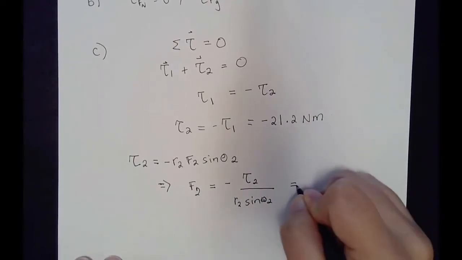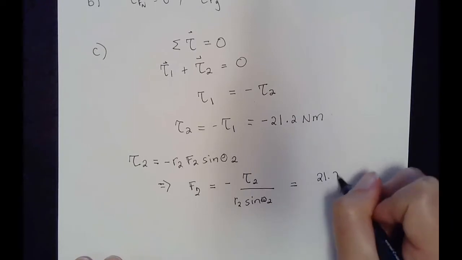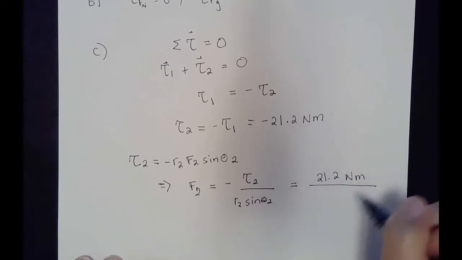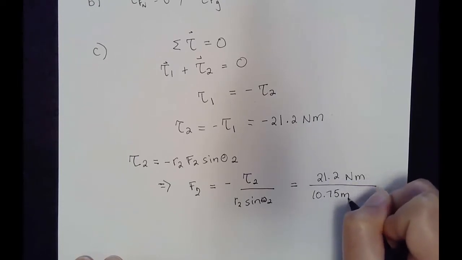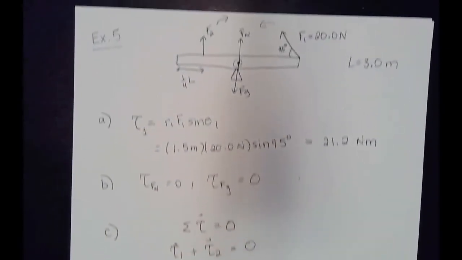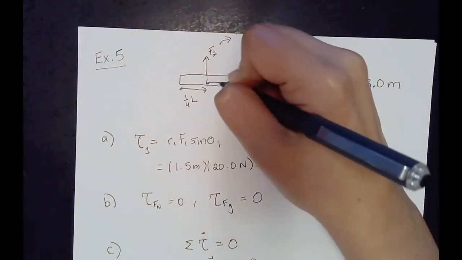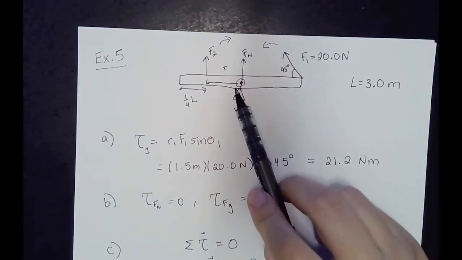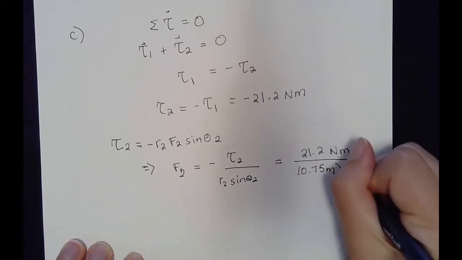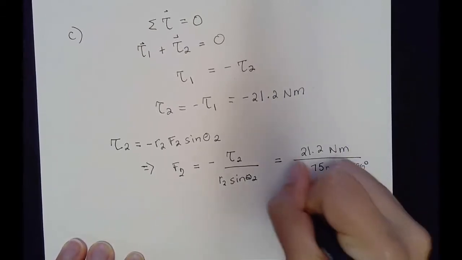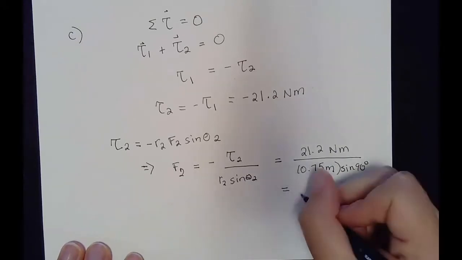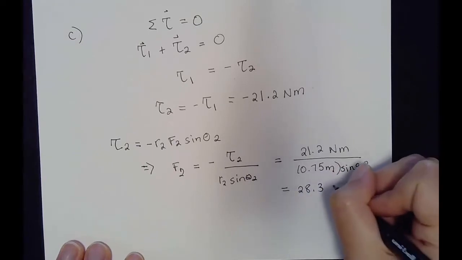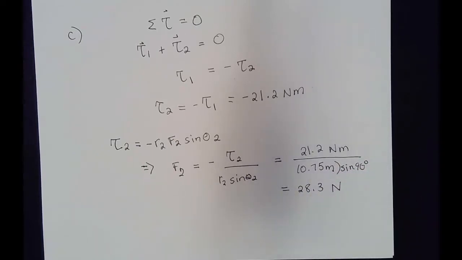So that's going to equal a negative of a negative, so 21.2 Newton meters positive over R2, which is 0.75 meters. This is the distance from the pivot to F2, this distance here, which is also a quarter of the length. And then sine of 90, since this force is also perpendicular to the beam. And that gives 28.3 newtons for the magnitude of F2.